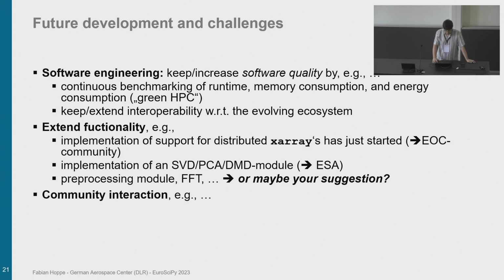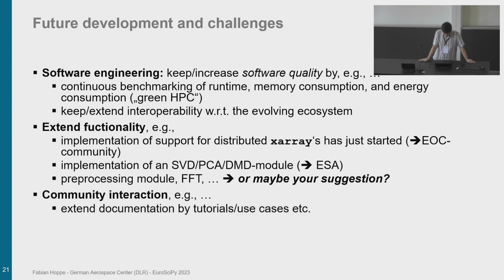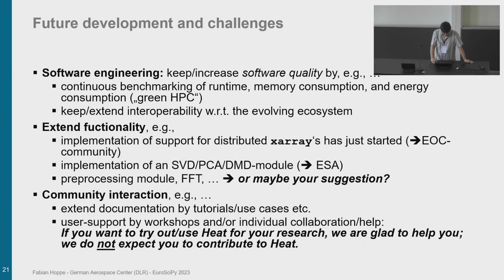And finally, community interaction. As for almost every library, you can always improve your documentation. That should be done. And we want to support our users. As I already said, joint publications are always nice to have.